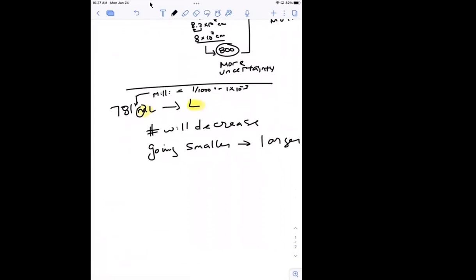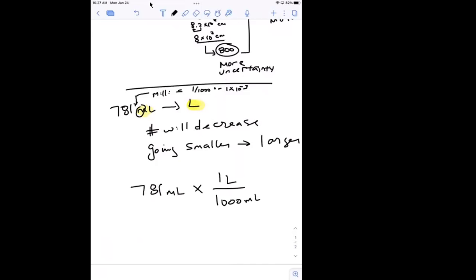All right. So I'm taking 781 milliliters. And I'm trying to get to liters now. So I want liters in the top. 1 liter over 1,000 milliliters. All right. The reason I'm using that is because sometimes if you're not used to putting those negative exponents into your calculator and putting the parentheses and all that stuff, it's easier just to put the number in. All right.